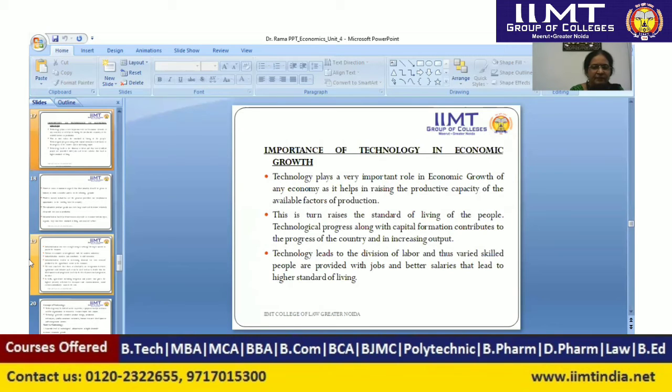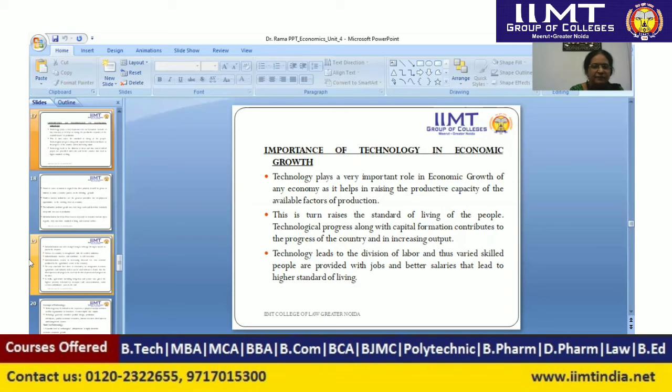Technological progress along with capital formation contributes to the progress of the country and to increasing output. So technology leads to the division of labor, and highly skilled people are provided with jobs and better salaries that lead to a higher standard of living.